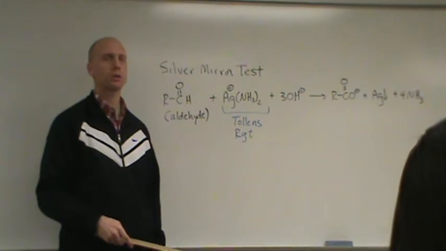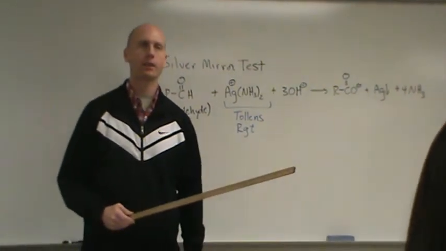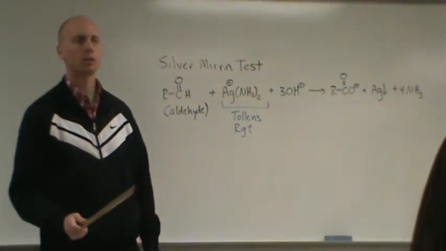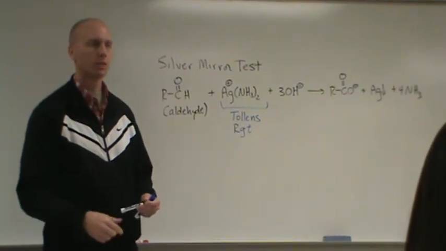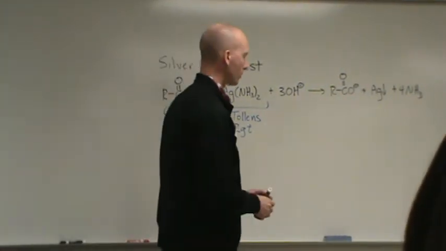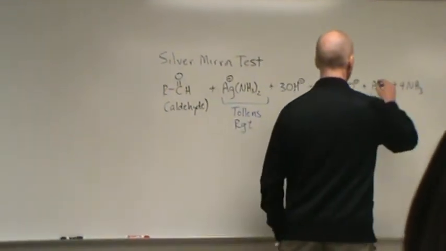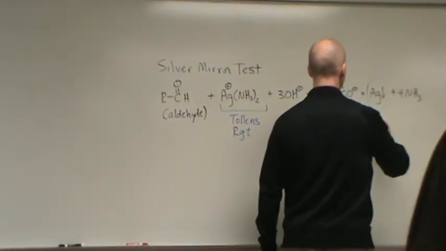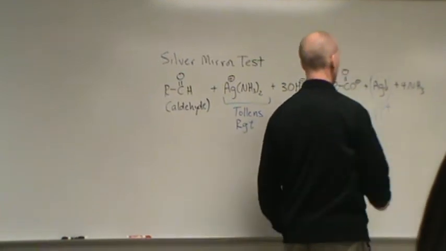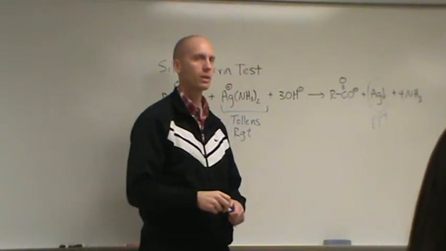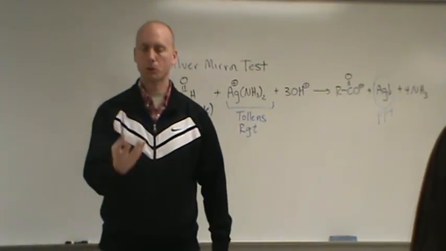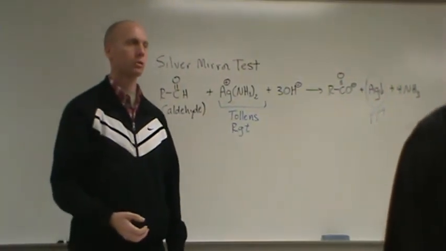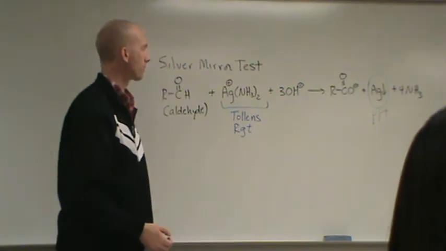I heard somebody say, what does the down arrow mean? You learned that back in general chemistry. It means it precipitates. So what you start seeing is silver precipitating out of solution.